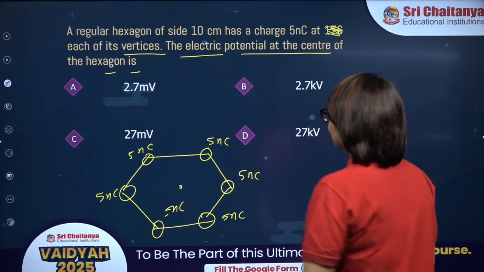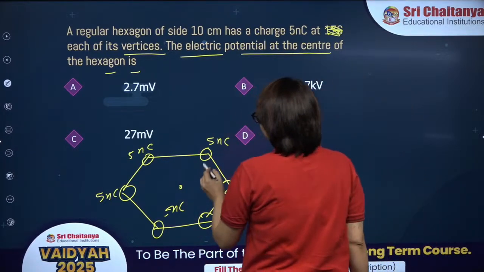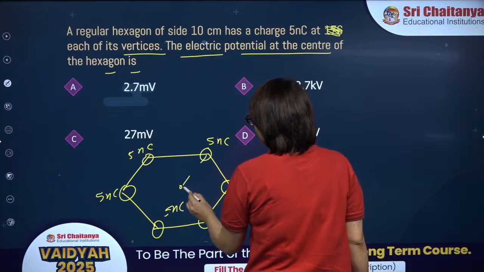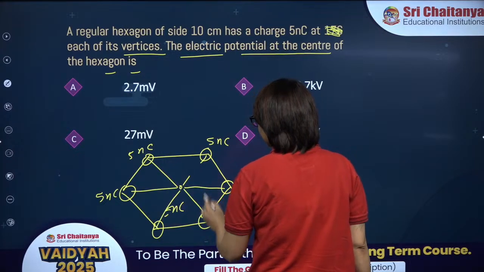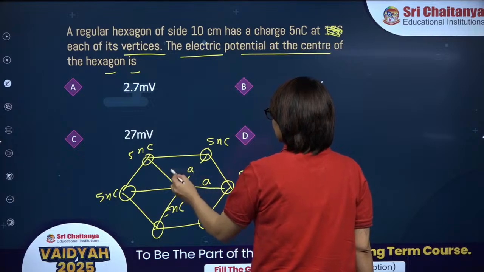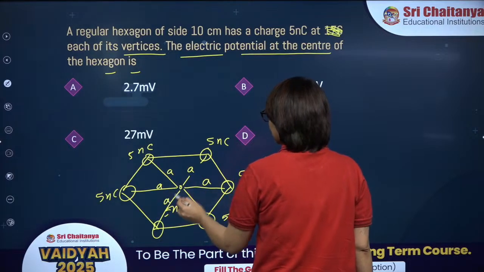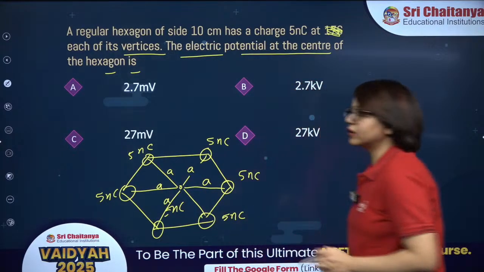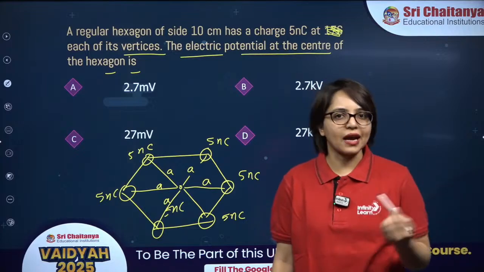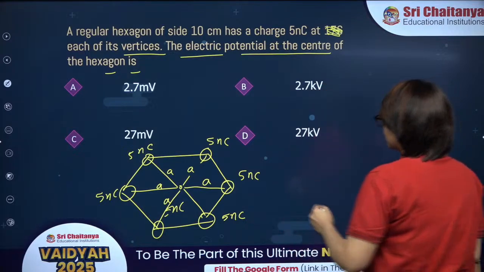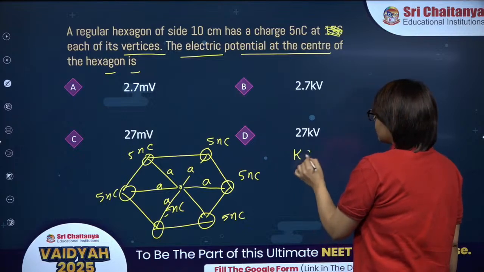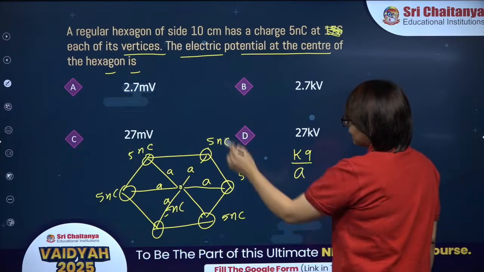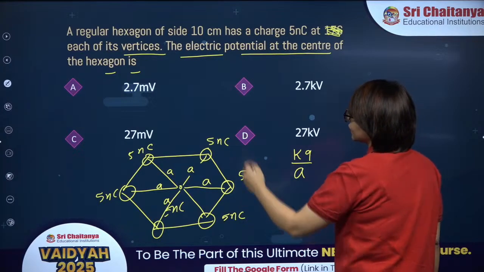Come on guys. So the center is equidistant from all the corners of this hexagon and it is equal to the side of the hexagon, right? The distance of the center from the corner is same as that of the side. So potential due to a point charge at a distance r is kq divided by a, and we have 6 charges.